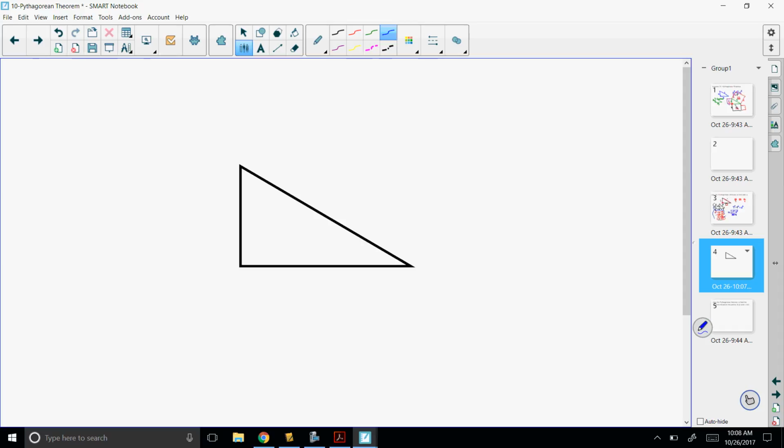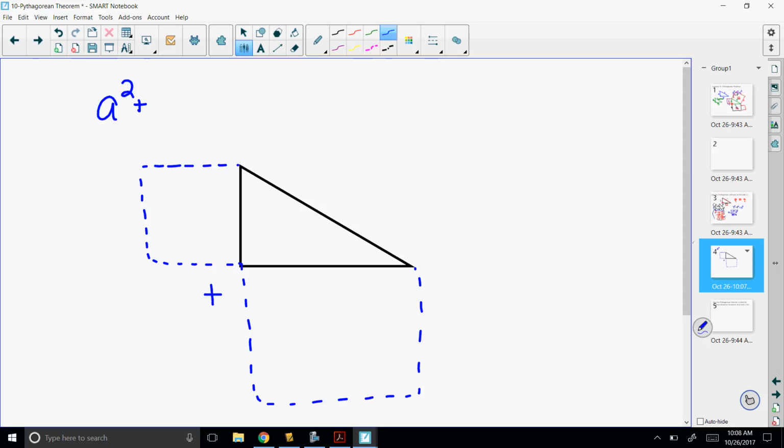But my question for you is, remember when I drew the square over here? What happens if the area of that plus the area of this is larger than, what if the sum, so what happens if a squared plus b squared is greater than c squared?